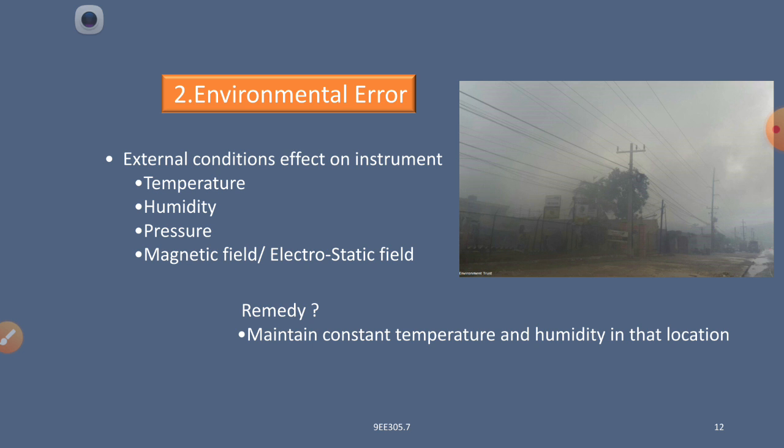Otherwise, if the temperature changes, the value may vary from the previous value. And avoid external magnetic field effects on the instrument. Near the place where you measure the variable, it is better to avoid external magnetic materials or magnets, and then you will get the accurate reading.